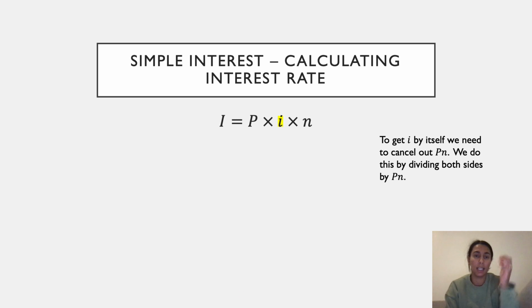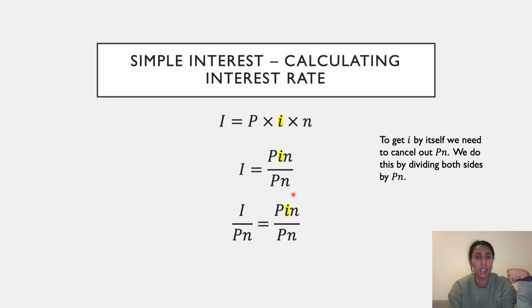The only difference now is that we want lowercase i by itself, so we need to cancel out the P and the N. So we're going to divide both sides by PN like this, and again you will see that the P cancels out and the N cancels out, and we're left with lowercase i equals I divided by PN.